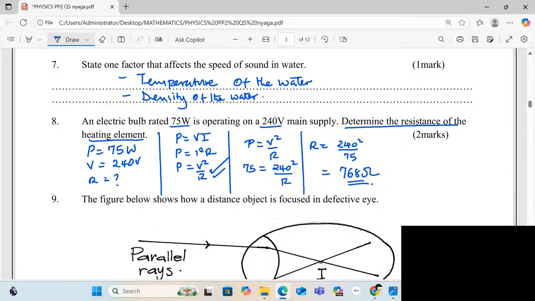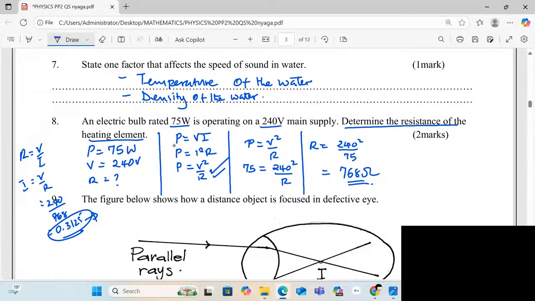So 768 will be the same as V, which is 240, divided by I. R is equals to V over I, so I will be the same as V over R. So 240 divided by R, which is 768. We are going to get a current of 0.3125.